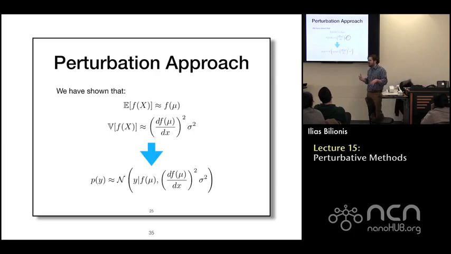So what we developed is basically a perturbative approximation. A perturbative approximation is an approximation in powers of something small. The small quantity here is sigma square, and we just truncated it at the first order.